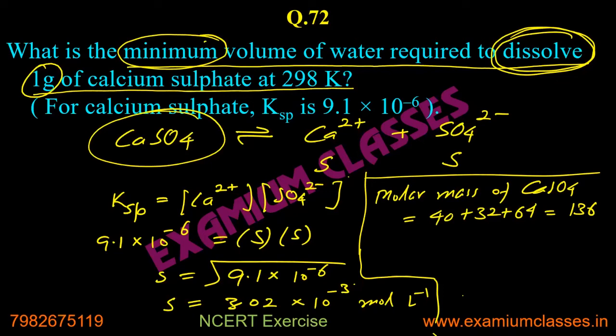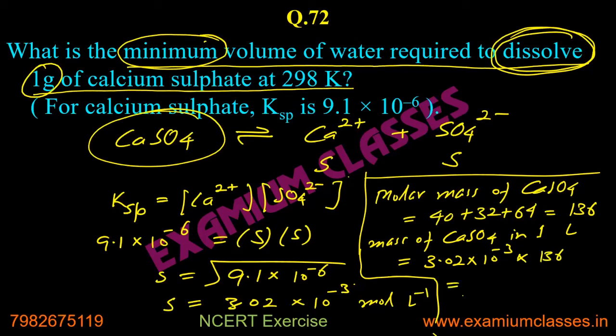So 136 is the molar mass. It means the grams you can dissolve in 1 liter, the mass of calcium sulfate in 1 liter, will be 3.02 into 10 to the power minus 3, it can be 3.01, times 136. I have just approximated.